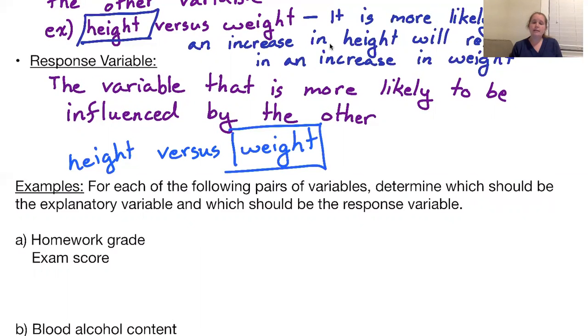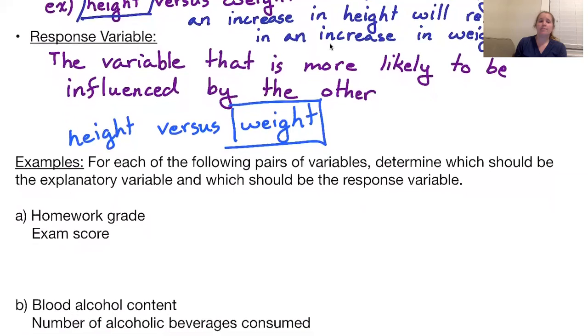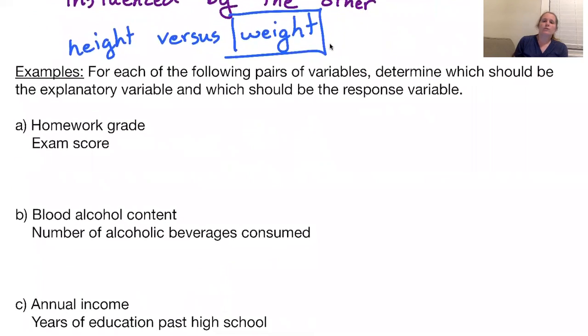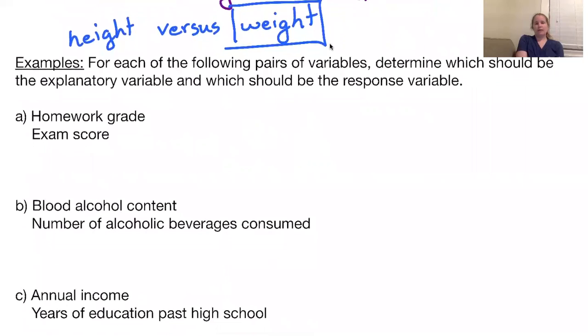So I have a few examples just to practice determining which should be the explanatory variable and which should be the response variable. For our first pair of variables, we have homework grade and exam score. So the question here, is it more likely that your exam score will influence someone's homework grade, or that someone's homework grade can be viewed as an influence on their exam score, or as a predictor, right?